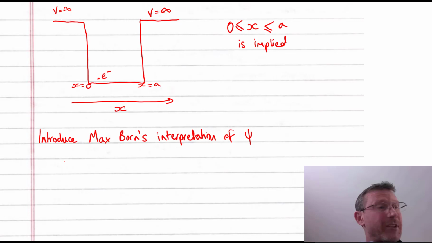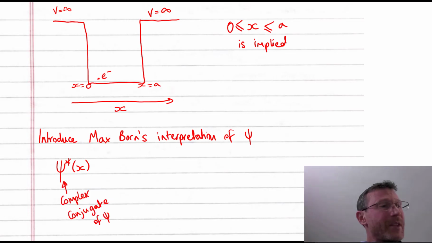So here's Max Born's interpretation of the wave function. So we've got psi star. This means it's the complex conjugate of psi, okay? So psi star in here, the complex conjugate of psi, multiplied by psi of x dx.